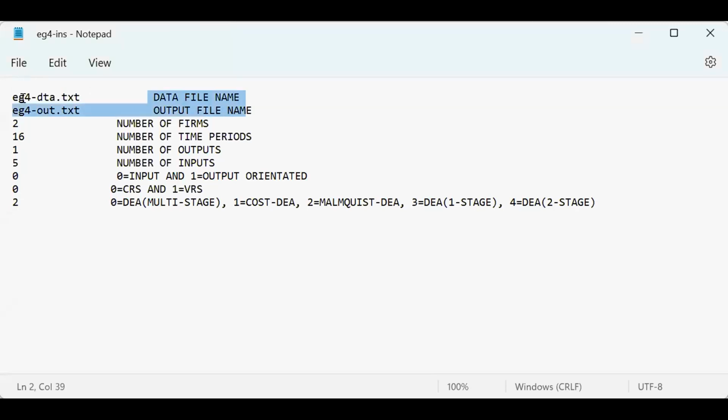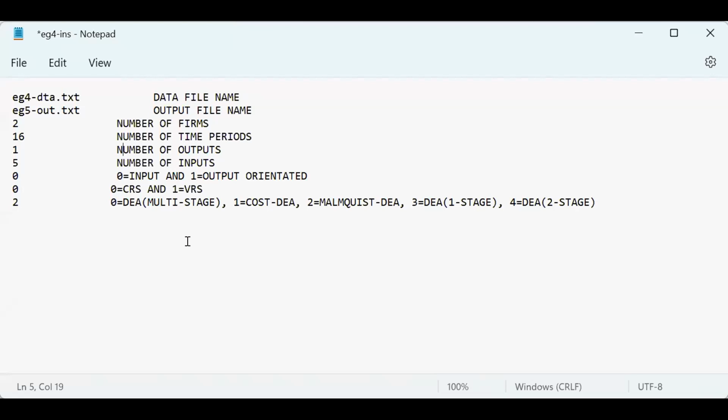Data file name is EG4DTA that I have shown. Output file name, you can put anything. There are 2 firms, which are 2 states, Punjab and Haryana. Number of time periods is 16 years. Output is 1, only crop yield. Inputs are 5. The production function is input oriented. Constant returns to scale is assumed.